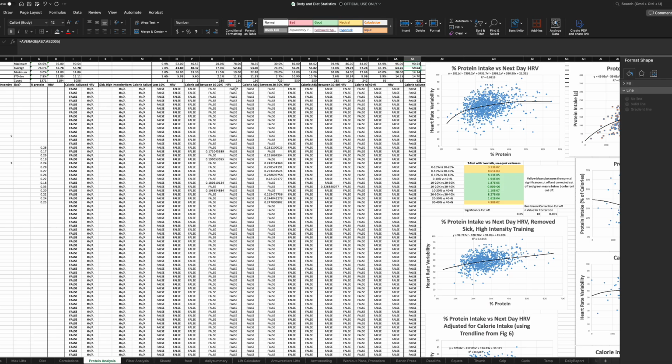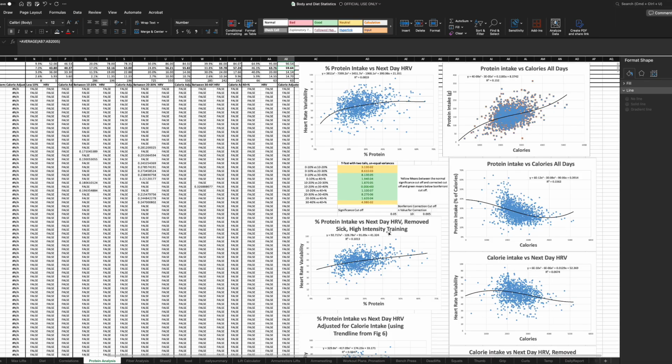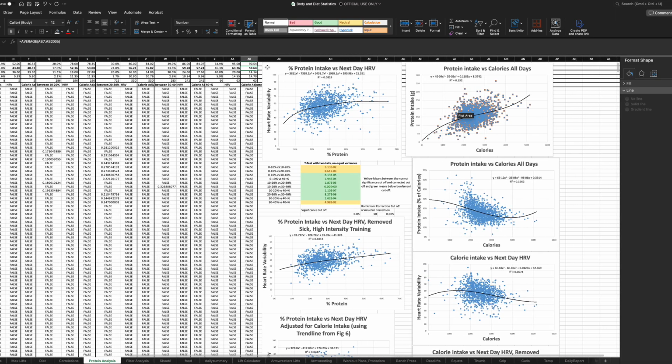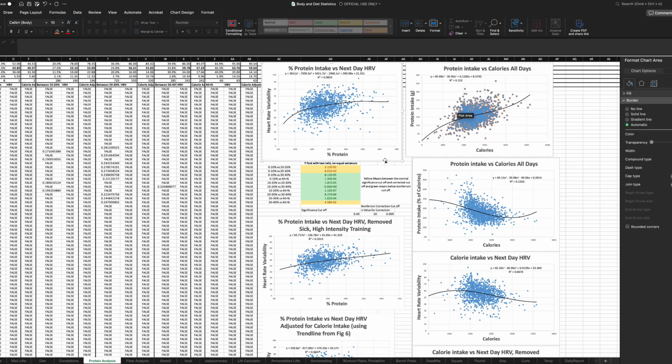So we can take a look at these graphs, and really I want to focus on the percent protein intake versus next day heart rate variability. And this is basically showing, now I know the trend line is not linear, and I just wanted to use the trend line to illustrate where the middle of the data is at all the points, right?